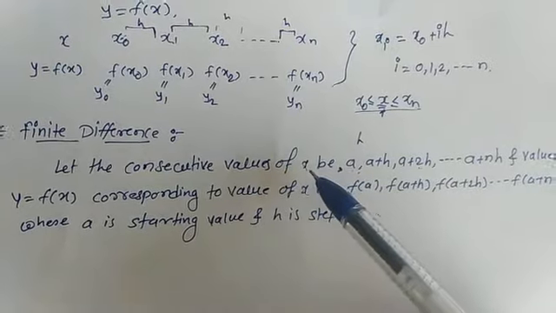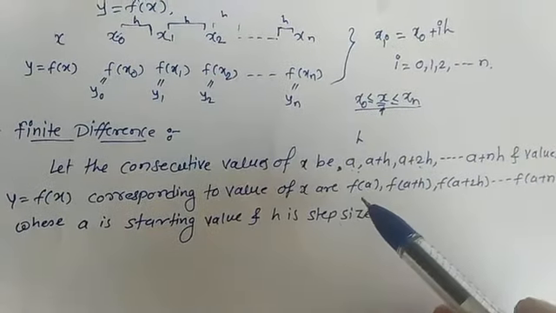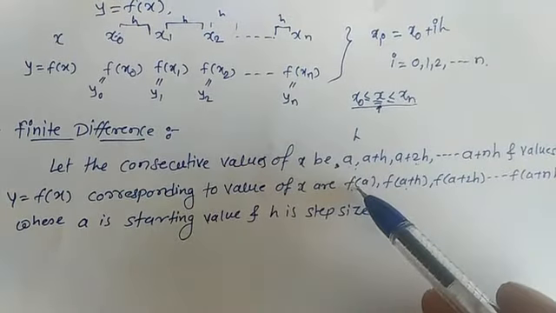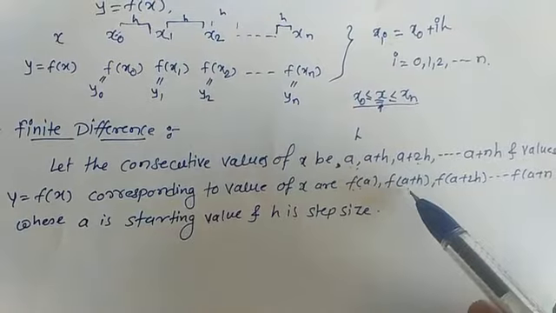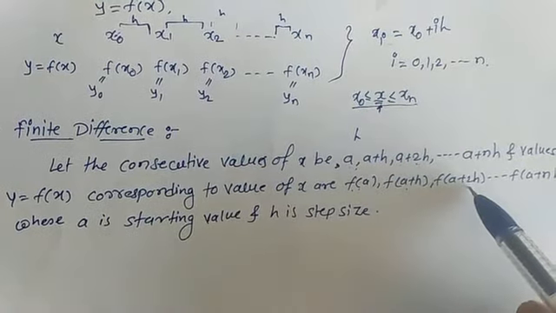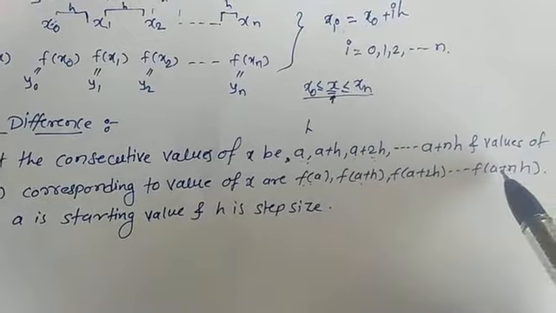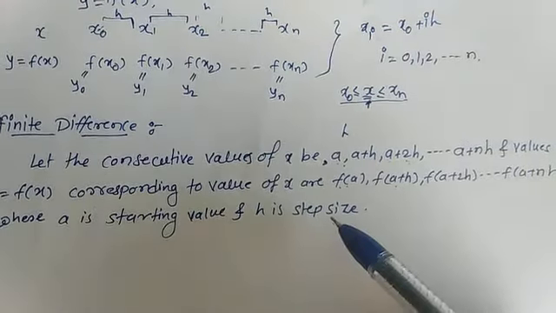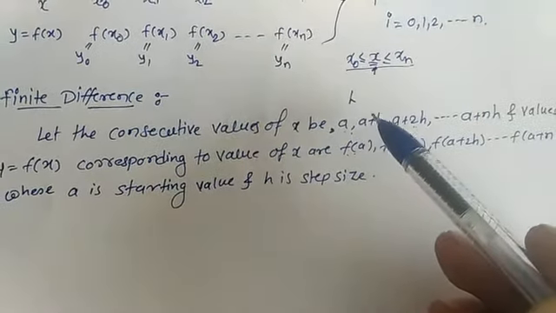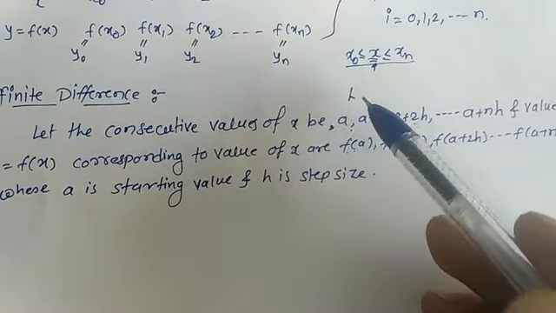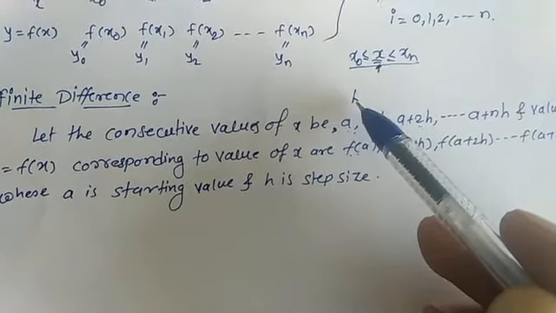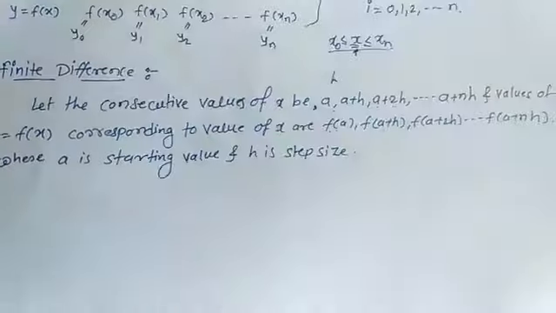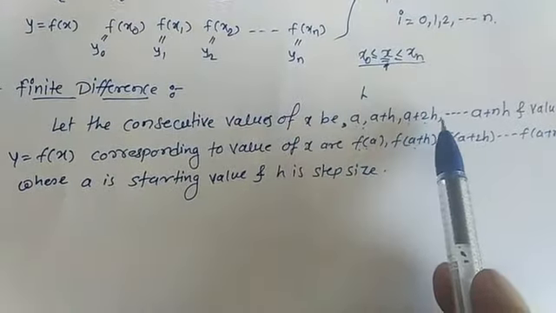For a it will be f of a, for a plus h it will be f of a plus h, for a plus 2h it will be f of a plus 2h, and for a plus nh it will be f of a plus nh, where a is the starting value and h is the step size. That means the difference between the first and second value is h, the second and third value is h, which is the same in each consecutive pair.